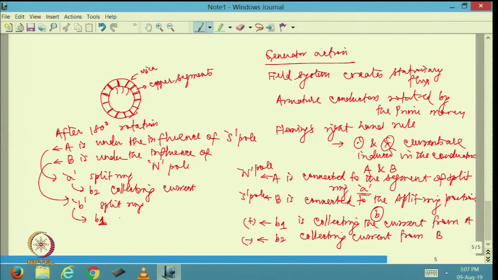So, B1 will always be positive, which is under the influence of south pole. So, all I can say is brushes are basically going to be affiliated to a particular pole. B1 is always affiliated to north pole and B2 is always affiliated to south pole. This entire thing is possible because of the commutator and brush arrangement.